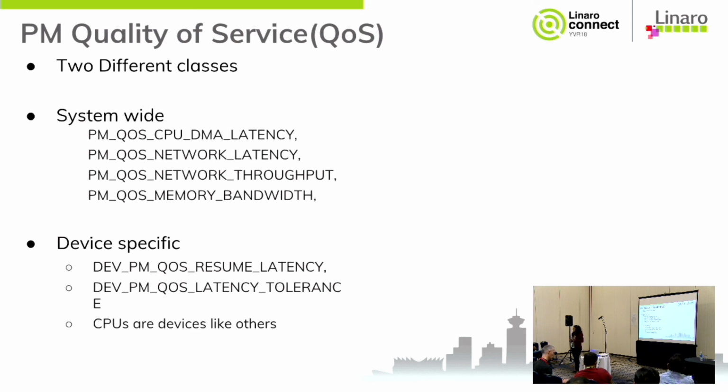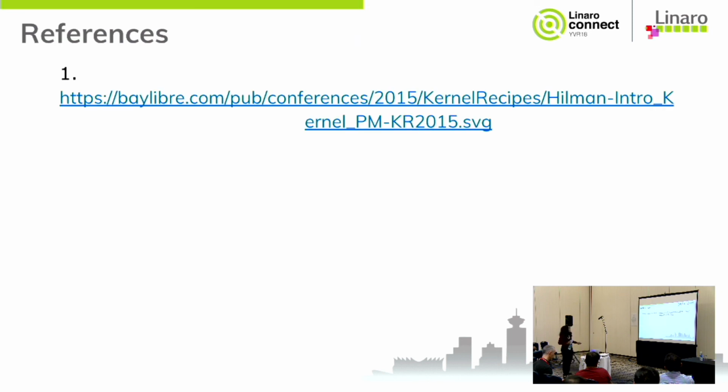So if you know that only one CPU needs to have a latency constraint or a shallow C state, that particular CPU can be targeted for a shallower C state, rather than forcing all the CPUs to be in a shallow C state. So that is, I think, pretty much it. Yeah, this is the original presentation from which this presentation has been adapted. And I think that's it.